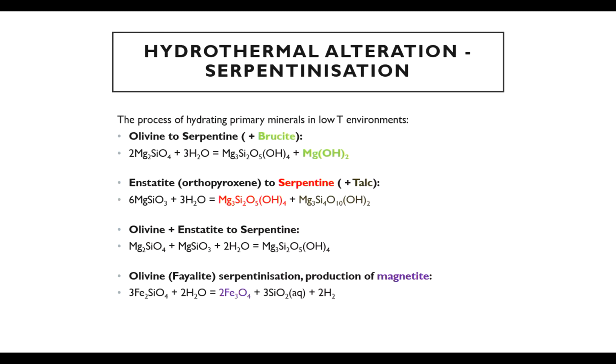So this is just some details on the reactions. There's a variety of different types, but here's an olivine to serpentinite, potentially brucite. So magnesium plus water, you end up with a hydrous magnesium silicate.